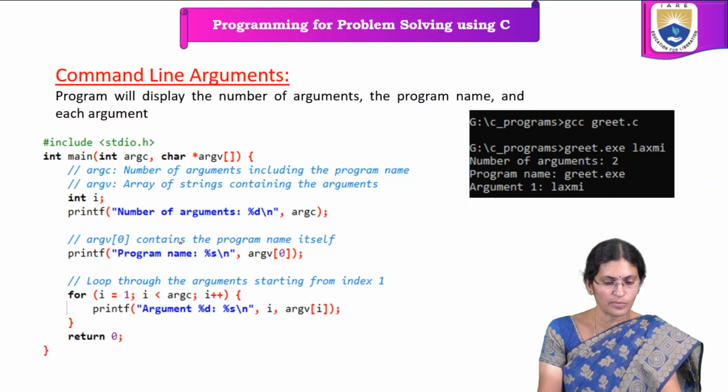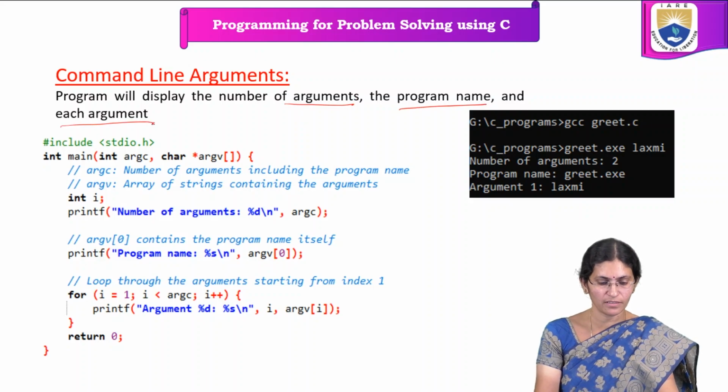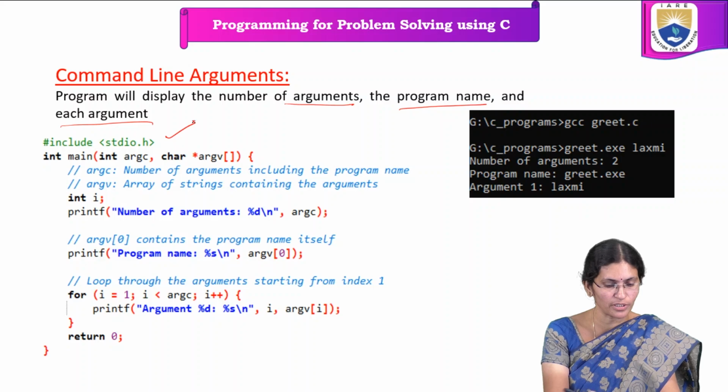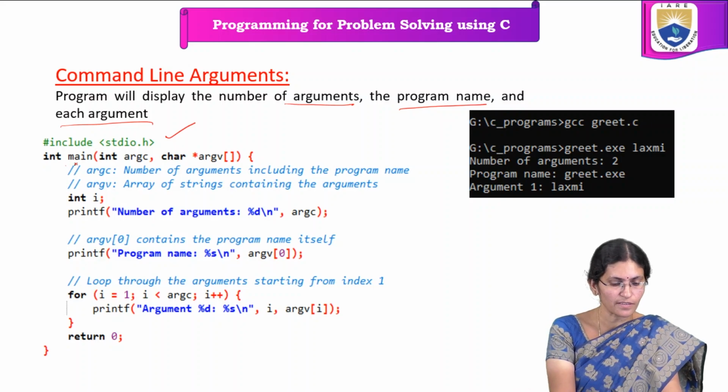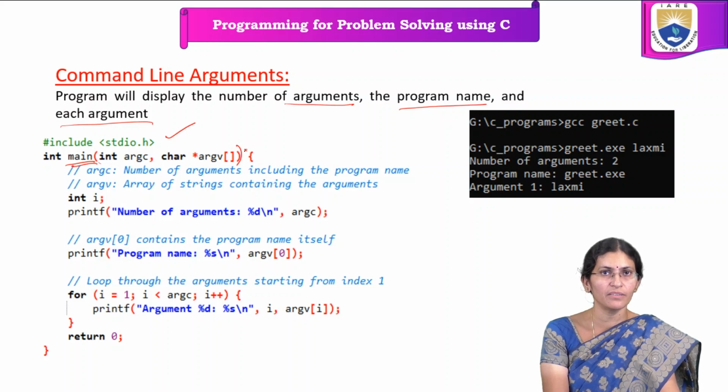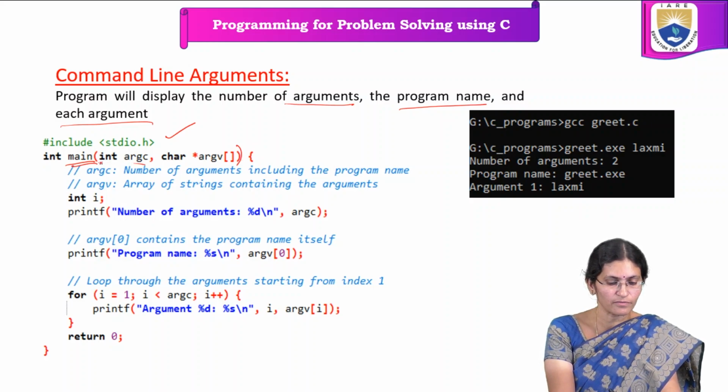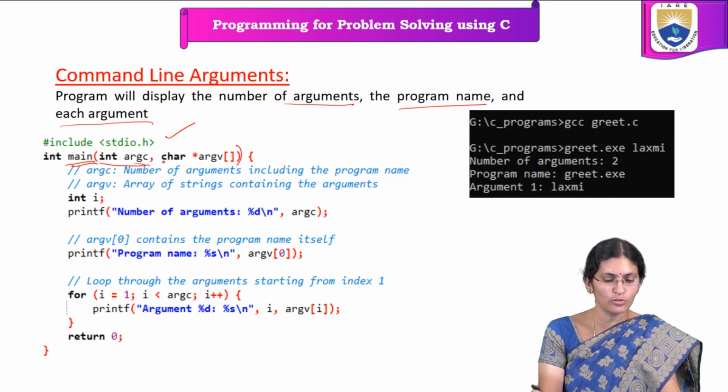Here is a simple program that will display the number of arguments, the program name and each argument. We need to include the header file. This is the main function. Inside the main function there are two parameters.